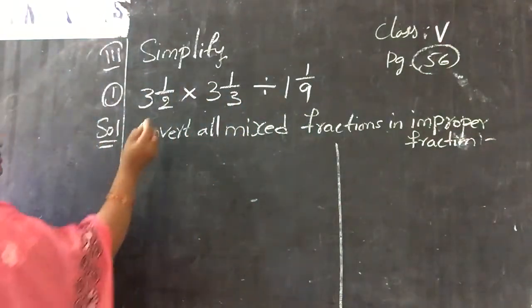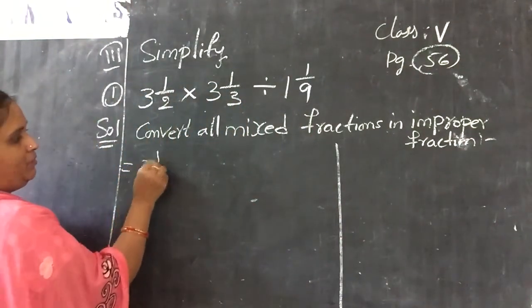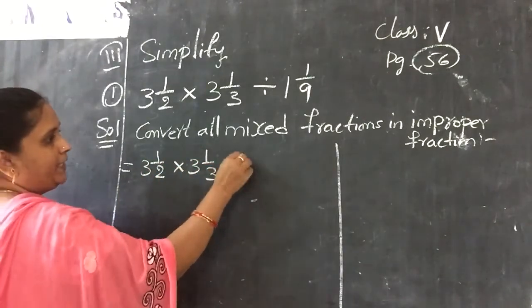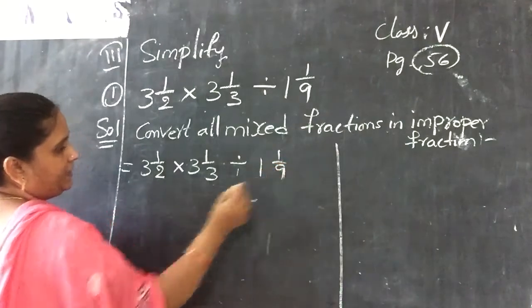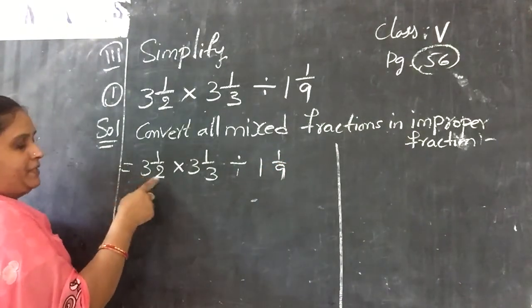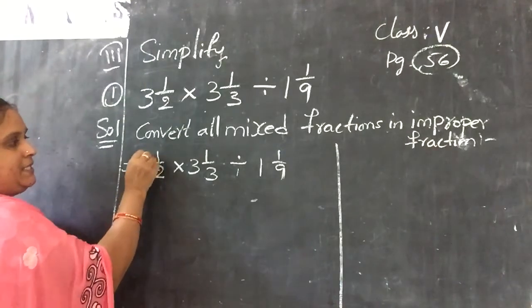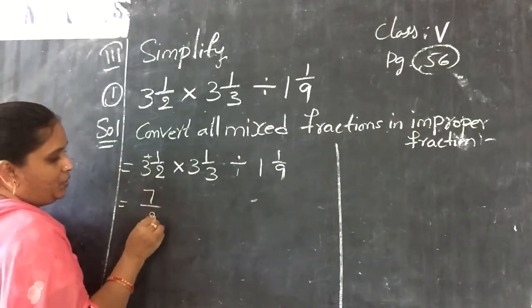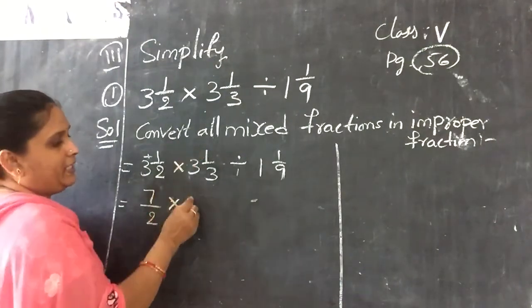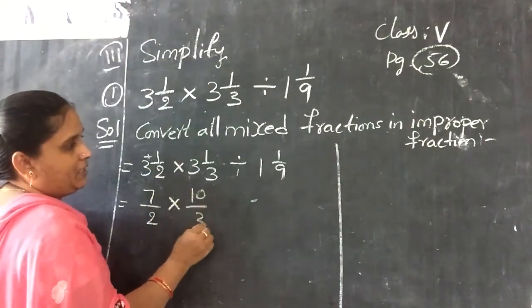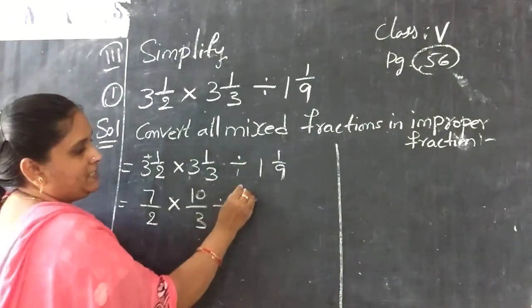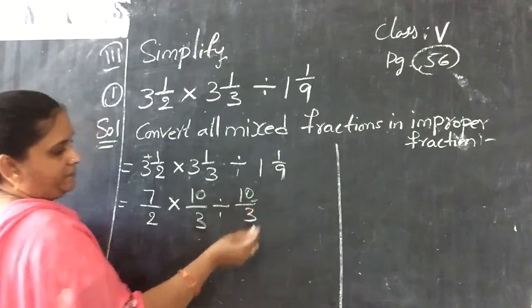Okay, now 3 1 by 2 into 3 1 by 3 divided by 1 1 by 9. 3 twos are 6, 6 plus 1 is 7 by 2, into 3 threes are 9, 9 plus 1 is 10 by 3, divided by 9 ones are 9, 9 plus 1 is 10 by 3.